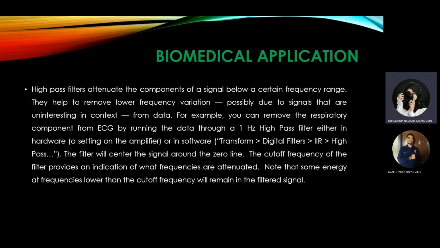For example, you can remove the respiratory component from ECG by running the data through a 1 Hz high-pass filter, either in hardware, a setting on the amplifier, or in software.